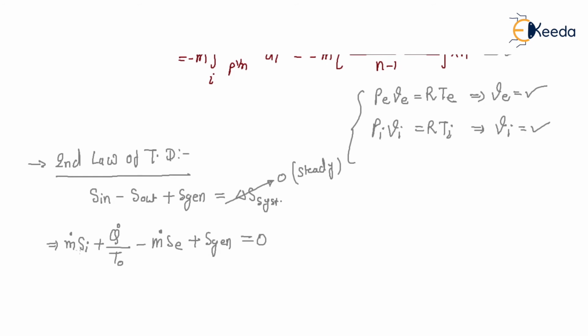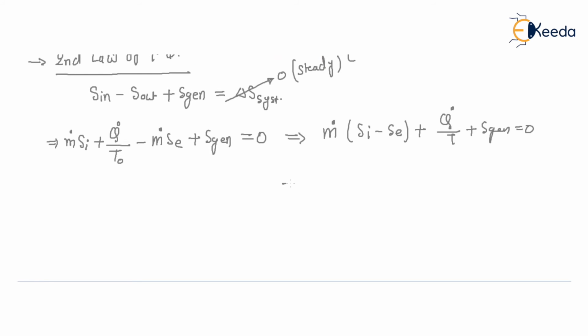With the same mass flow rate, we can write m dot (Si minus Se) plus Q dot by T plus S generation is equal to 0. So S generation is equal to m dot (Se minus Si) minus Q dot by T.